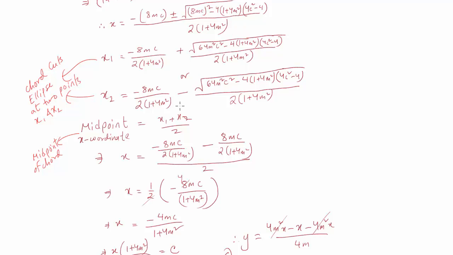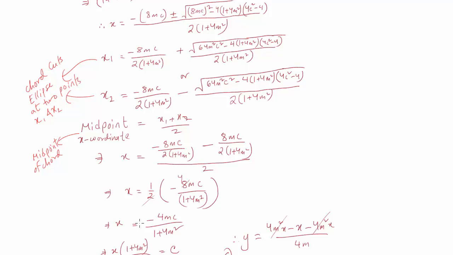If we add it up, these two cancel off, and since these two are both negative numbers, adding them would be just putting the two negatives in front. And we have to divide by 2, because the midpoint rule is x1 plus x2 divided by 2. So we will get the x coordinate of the midpoint, and since it's a horizontal line, the y coordinates are going to be the same.